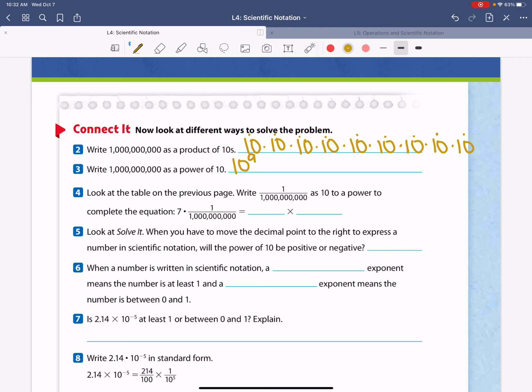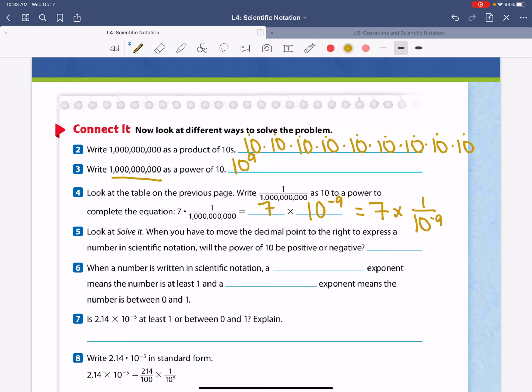Write 1 over 1 billion as 10 to a power to complete the equation. We've got 7 times 1 over 10 to the something, so it's going to be 10 to the negative 9th. We already had our power up there because we already wrote a billion as a power of 10. So it'd just be 7 times 10 to the negative 9th, which is equivalent to that.